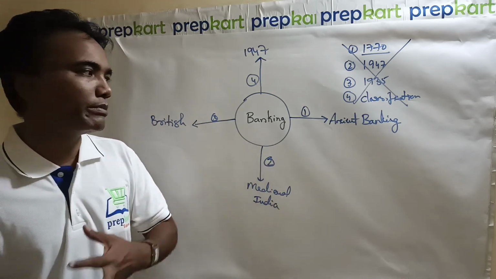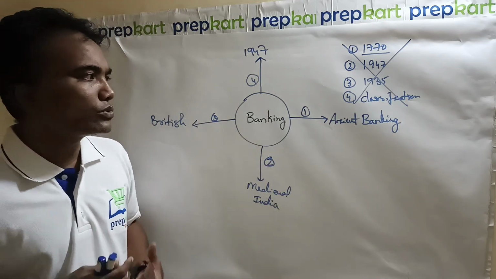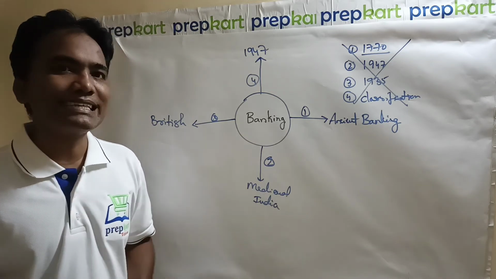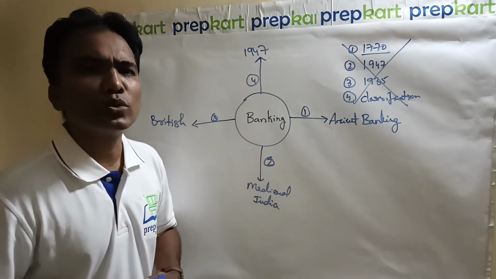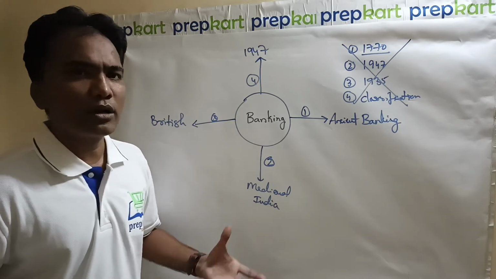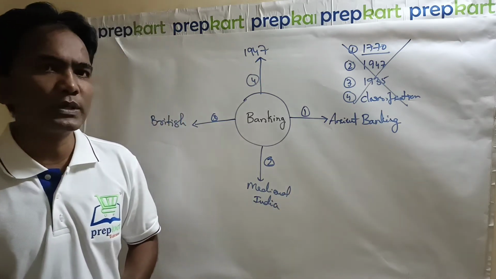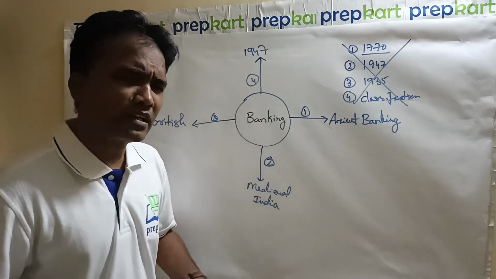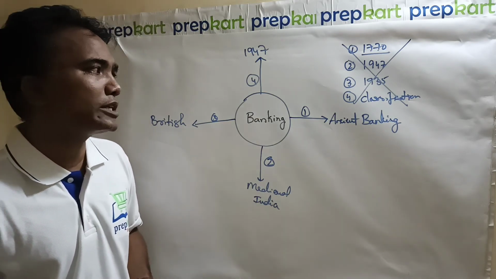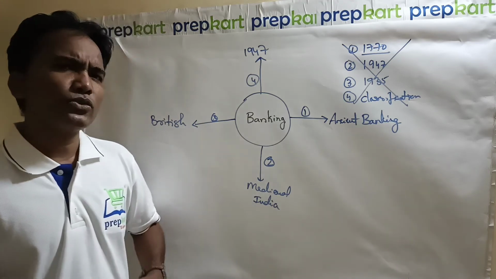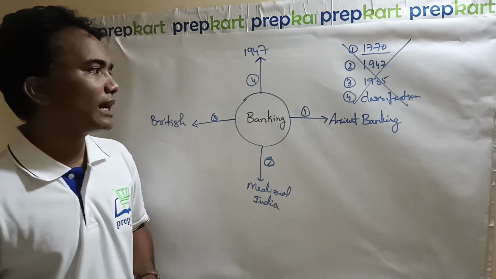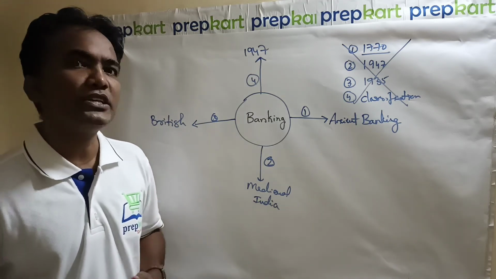Then we have so many things. So huge amount of beauty is there in ancient India with respect to economy, science and technology, culture, language, and literature. So much is there. That's why I'm starting the banking with ancient India only.